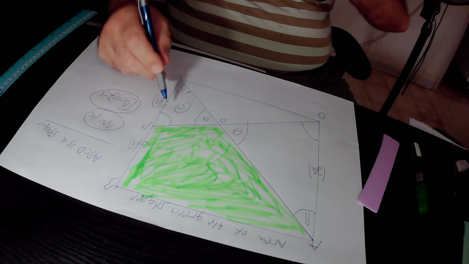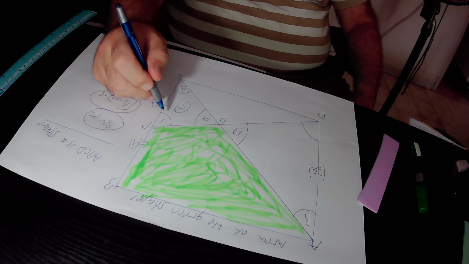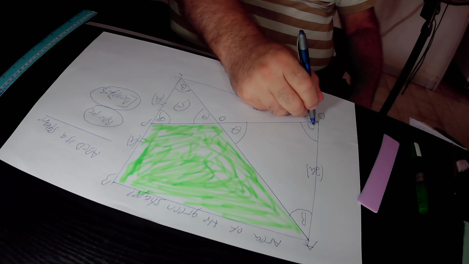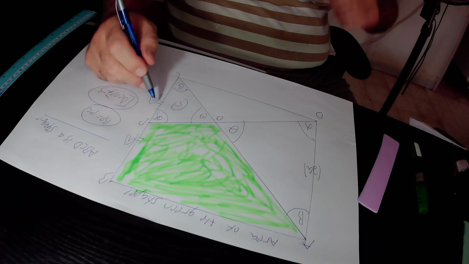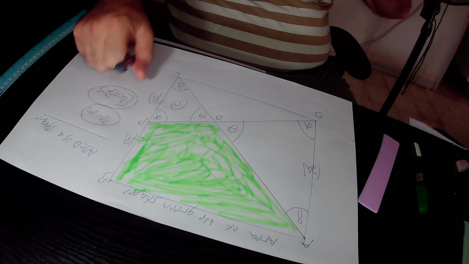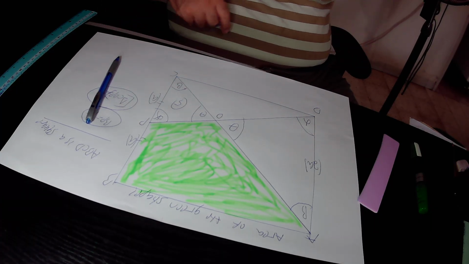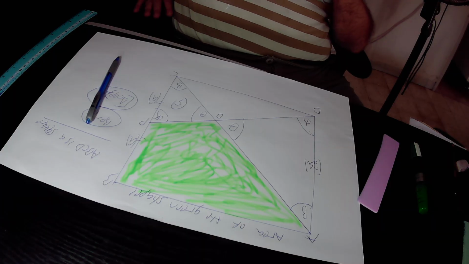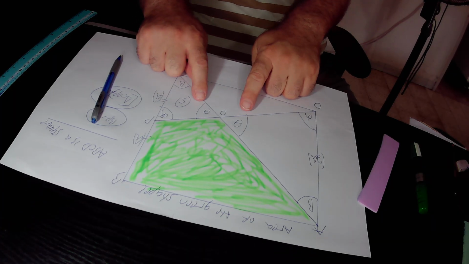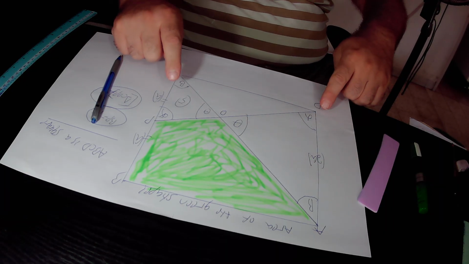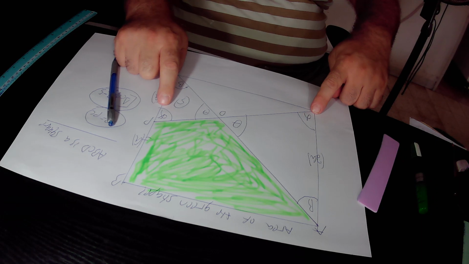So if the size of this angle is alpha, then the size of this angle must also be equal to alpha because they are equal to each other according to rule 15. So we found out that those two triangles are similar to each other according to the angle similarity rule. That is to say, those two angles are both equal to theta, those two angles are both equal to beta, and those two angles are both equal to alpha.